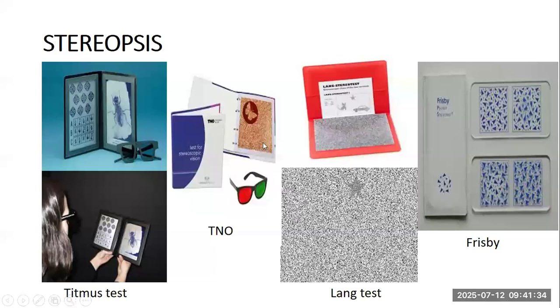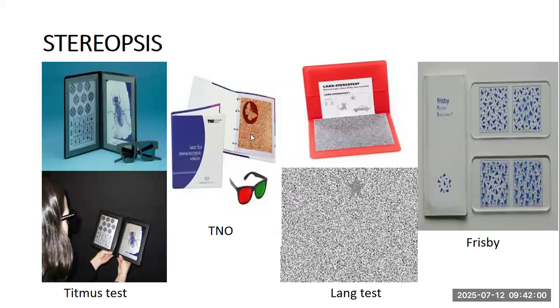For the TNO test, it has random dots. You're wearing red green filters, red green goggles that will show random dots. The red green goggles also help to dissociate. So when you look at it, because of the red green goggles, there are some objects you are expected to be able to see.